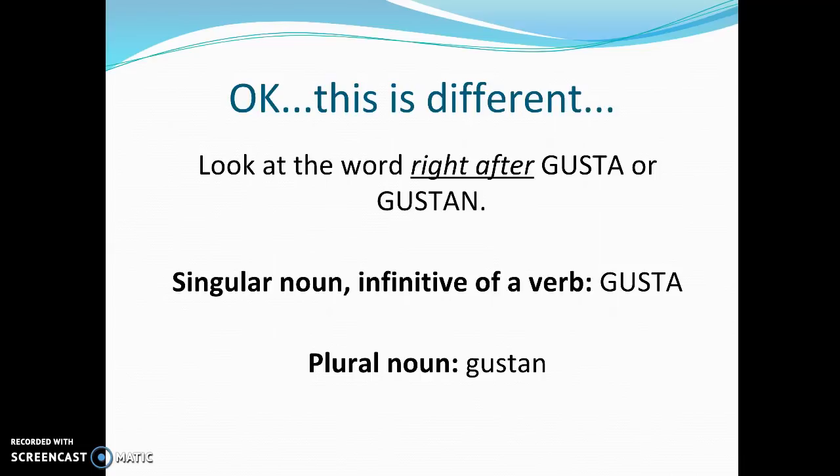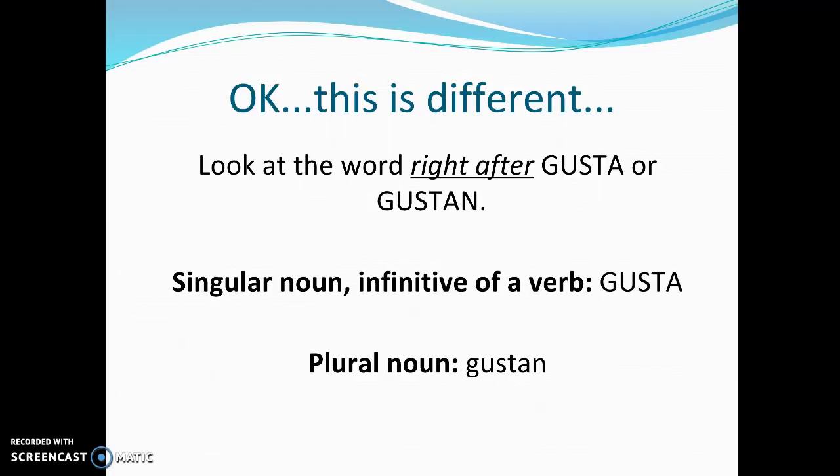You also need to keep in mind that when deciding whether to use gusta, the singular form, or gustan, the plural form, you're not looking for a typical subject pronoun that we've used in the past and that we'll be using again very shortly to conjugate verbs. What you're looking at is the word that follows right after the conjugation.